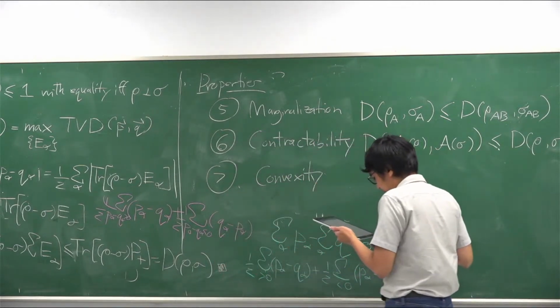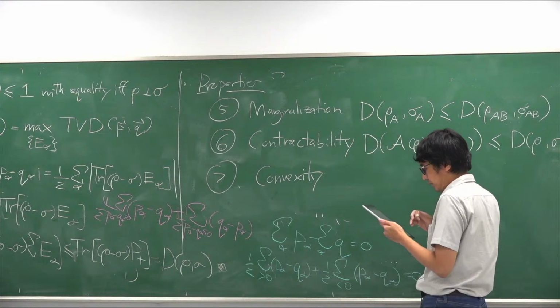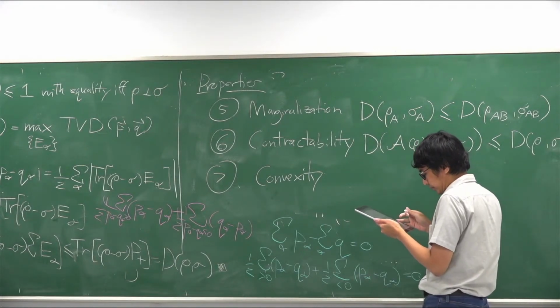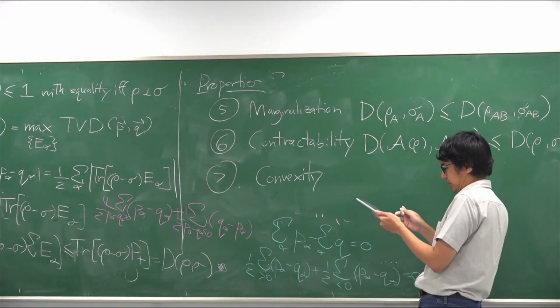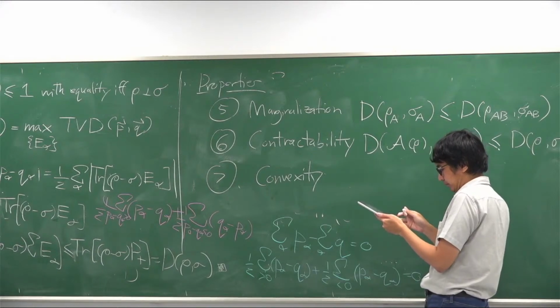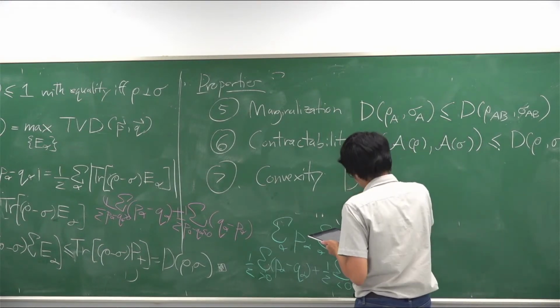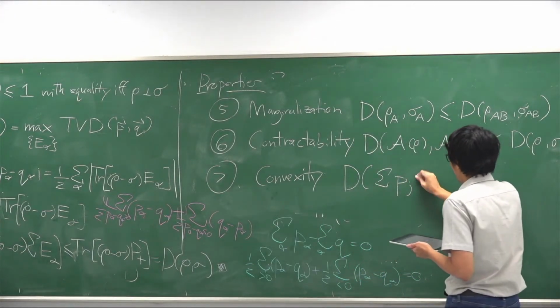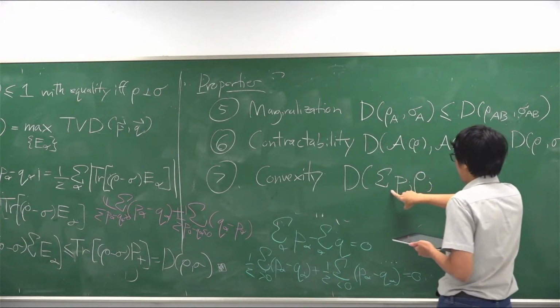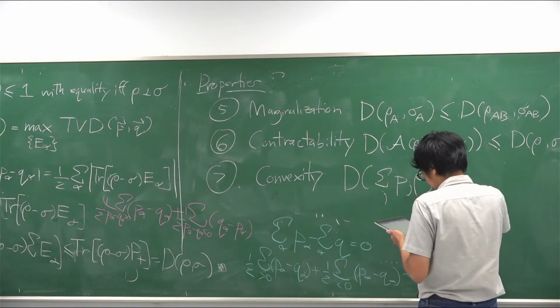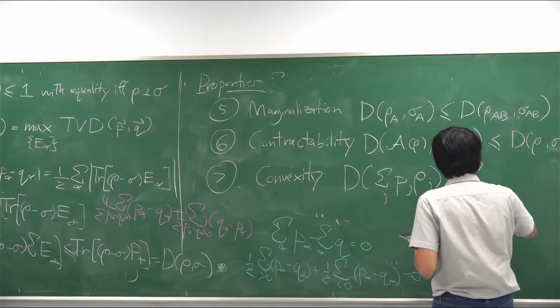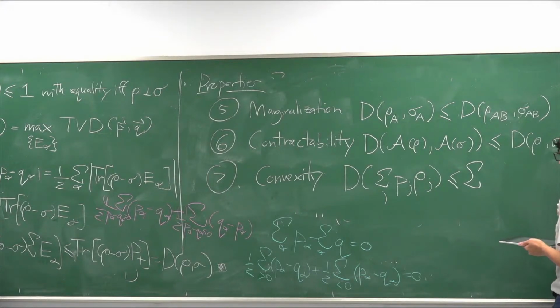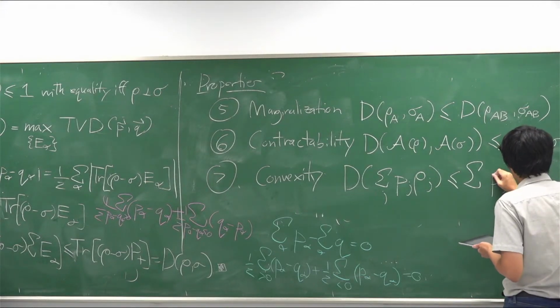And the last one is just convexity. If I have some mixture of different density operators with different probabilities, this is less than the convex combination.